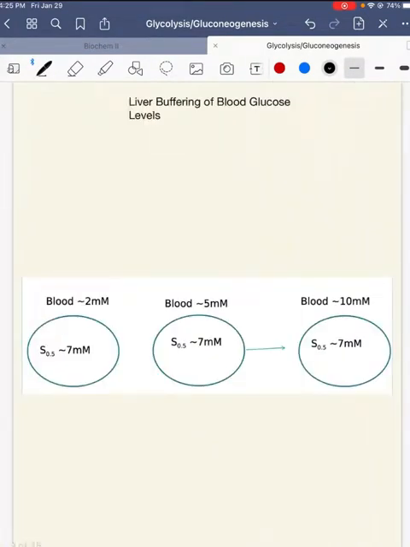Here, I just added this to show you how glucokinase works. If our blood glucose concentration is 2 millimolar, this is the Km. If we have low blood glucose, glucokinase is not going to be active.